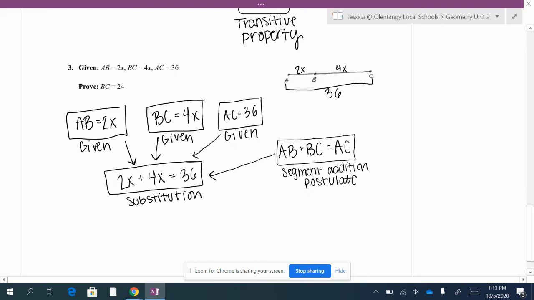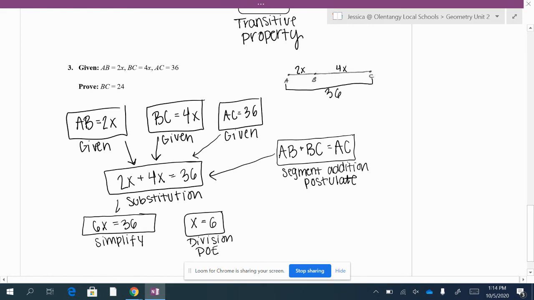And then going from here, we can say that we have 6x is equal to 36, and we're just simplifying, combining like terms. And then x is 6, and we got that because we are dividing. So division, POE. So we went from this box to that one, then over here.